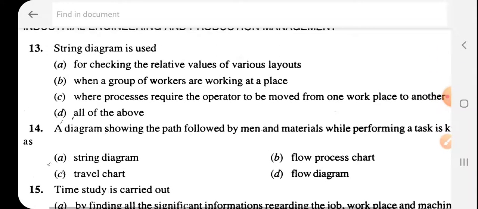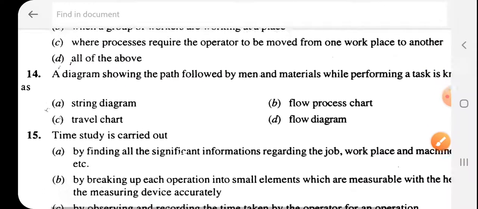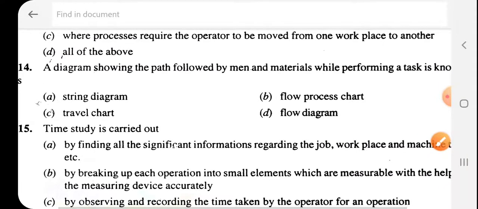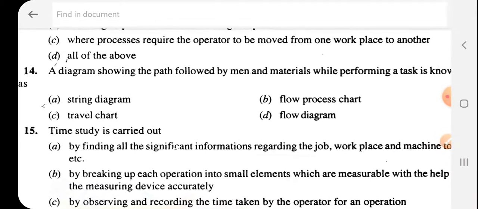Next, string diagram is. So 13th is D. We use this for checking the relative values of various layouts when a group of workers are working at a place where the process requires the operator to be moved from one workplace to another. Okay. Next, 14th.